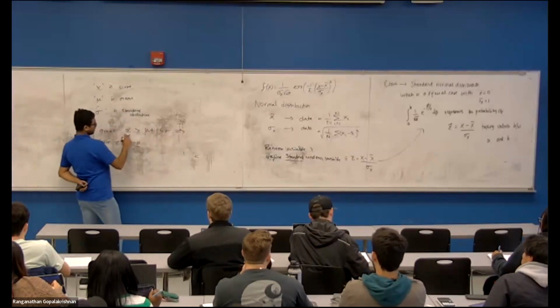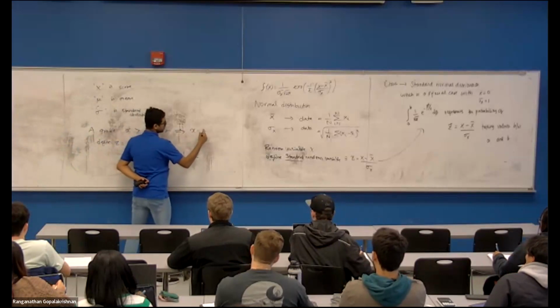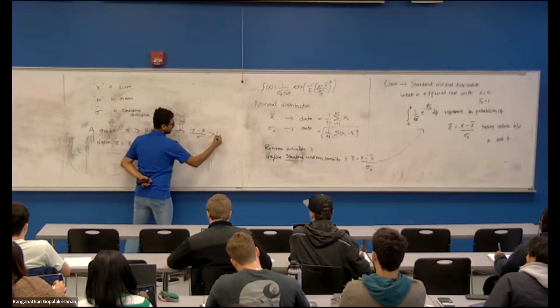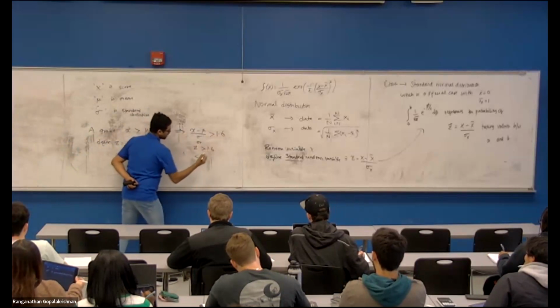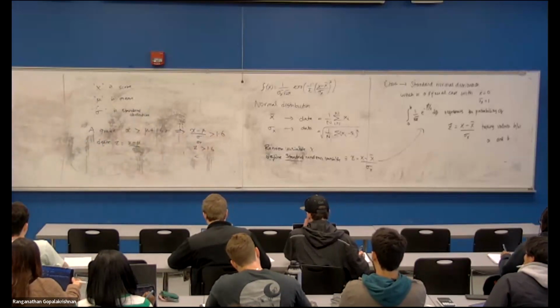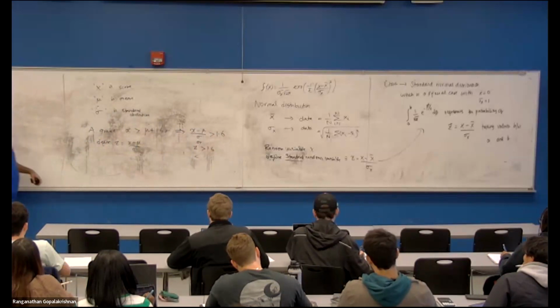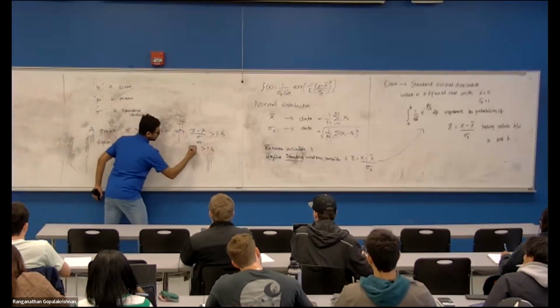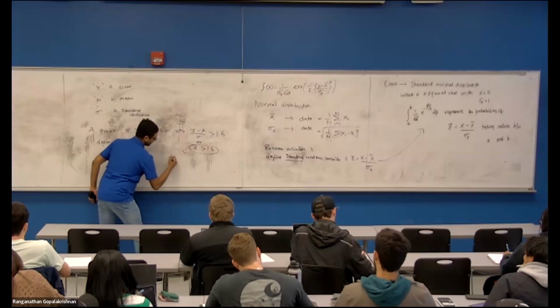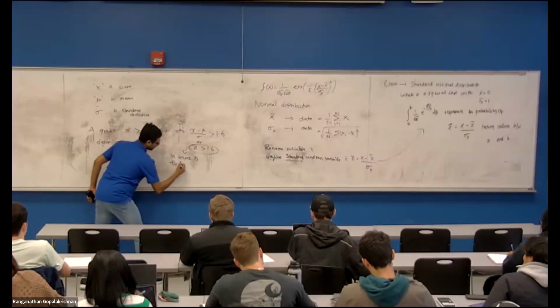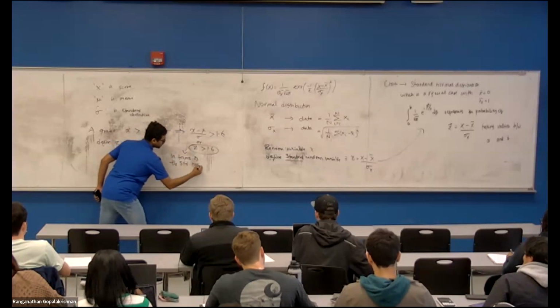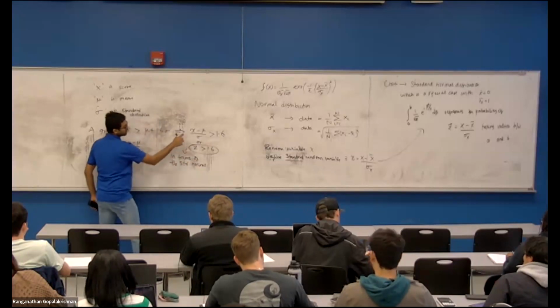This will become x minus mu divided by sigma should be greater than 1.6, or z must be greater than 1.6. So this is in terms of the standard normal distribution, which is obtained by doing this simple transformation.